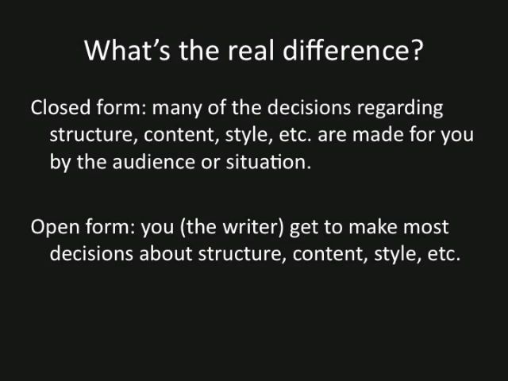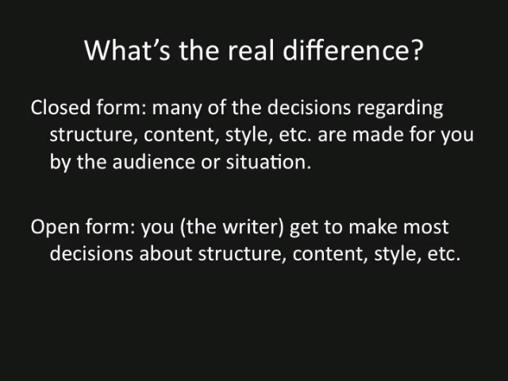So closed form writing might be most academic essays, especially things like 5-paragraph papers or research papers that you may have written in the past, where the form is very set. And open form writing would be more narrative writing, storytelling. Poetry, obviously, is often more open form. Not all poetry. Some poetry is very structured and has very clear expectations, but other poetry you have a lot more flexibility to write in the way you want.